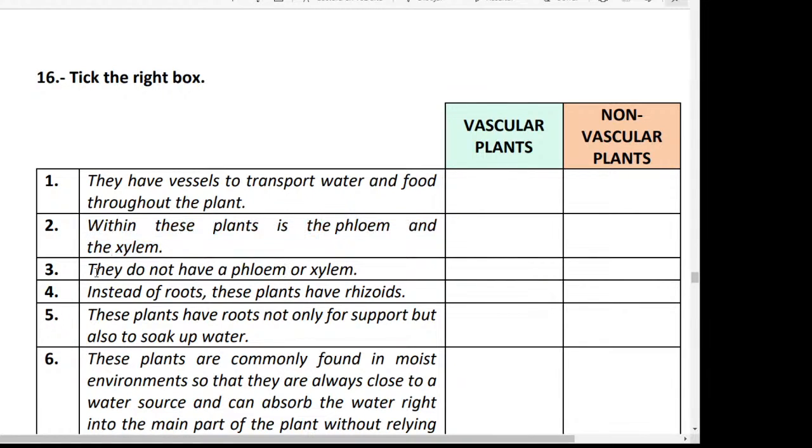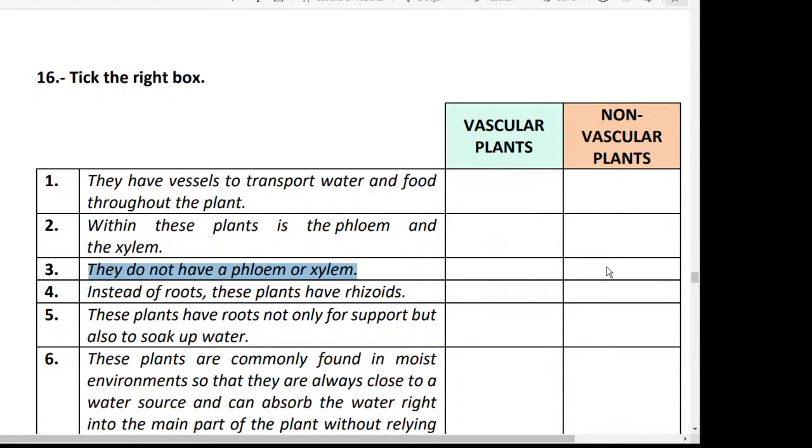And the opposite is true as well for the other kind of plants. They do not have a phloem or xylem. They don't have this. So these are not vascular plants, but non-vascular plants.